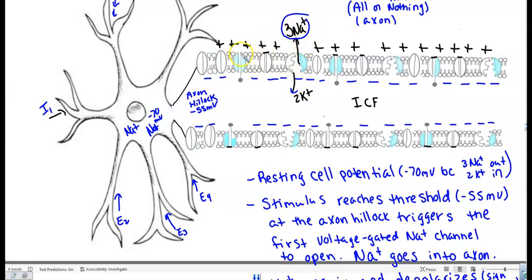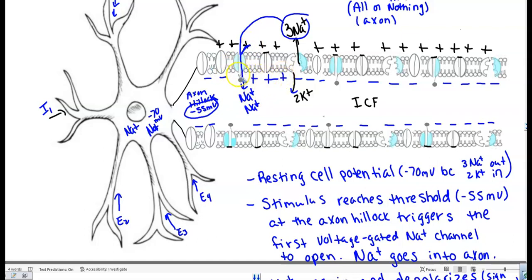Well, this door is going to open because when we hit that threshold, this negative 55 is the voltage that opens that door, and this sodium that was getting kicked out is like, oh look, I got a way to come back in. So it's going to sneak back into the cell. We're going to get sodium in here, and as that sodium depolarizes, we're going to get some positive in here.